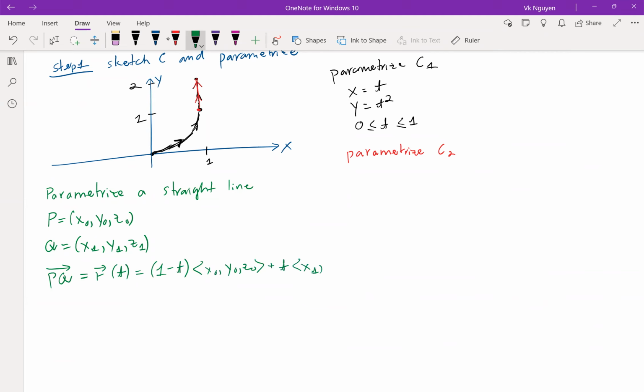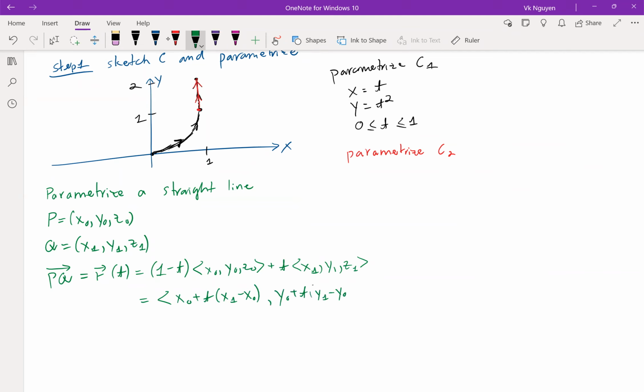Work it out, and then you see that we get x0 plus t(x1 minus x0), y0 plus t(y1 minus y0), z0 plus t(z1 minus z0).